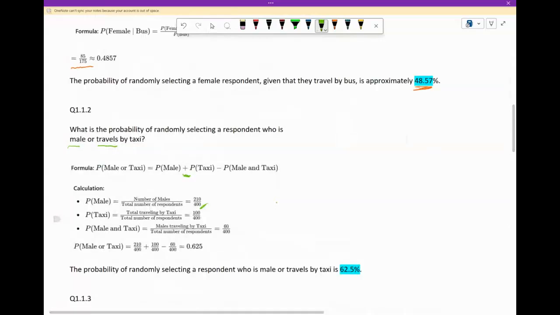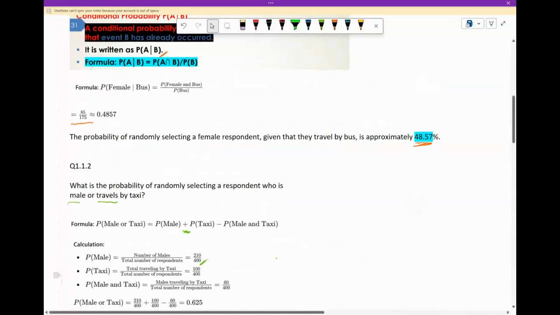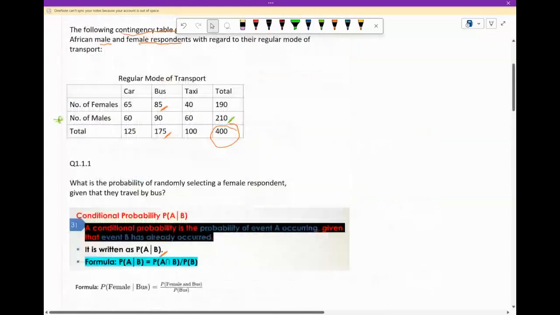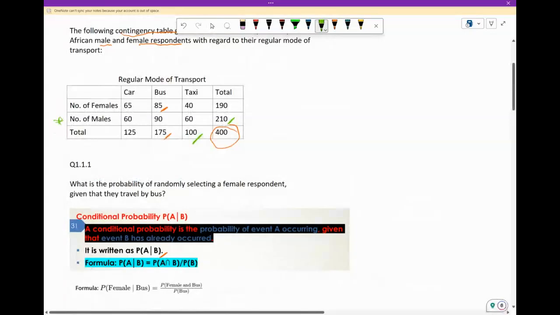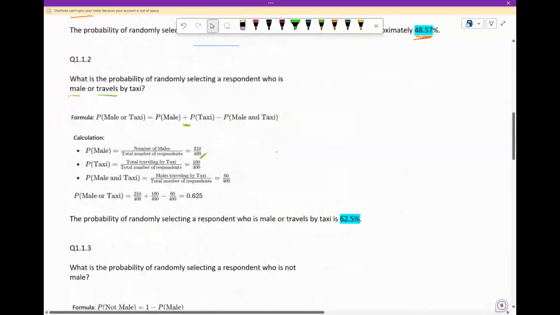Then, or travels by taxi. So taxi, we have 100 people in total, 100 divided by 400.